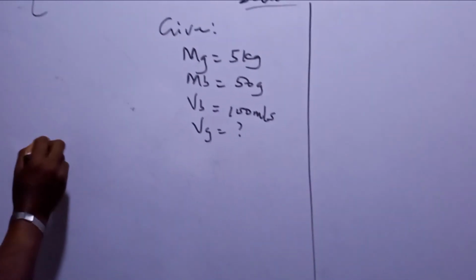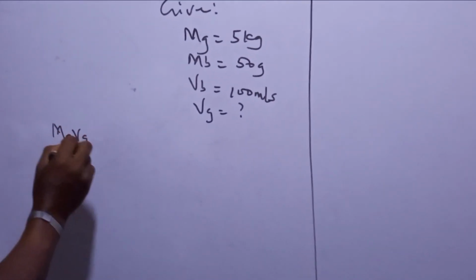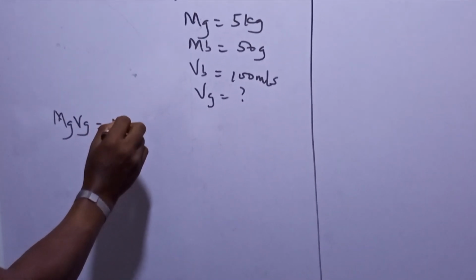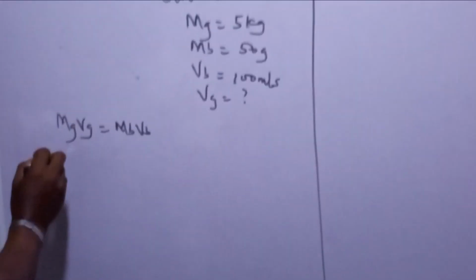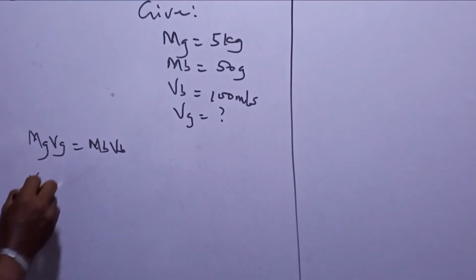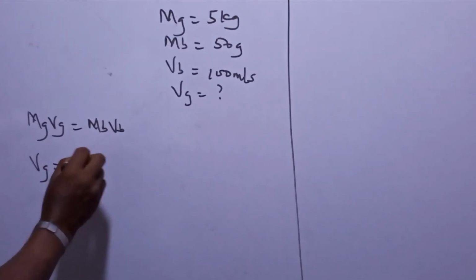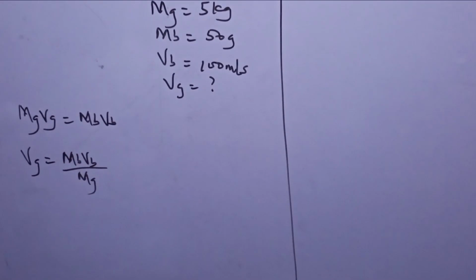We have here that mass of gun multiplied by velocity of gun equals mass of bullet multiplied by velocity of bullet, and we are looking for velocity of gun, which equals mass of bullet times velocity of bullet over mass of the gun.